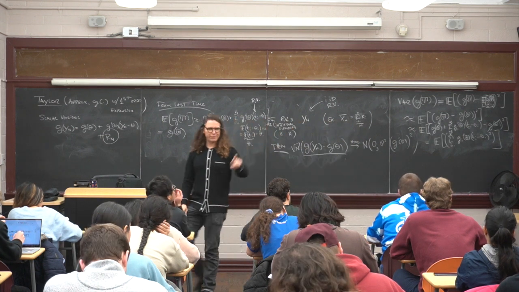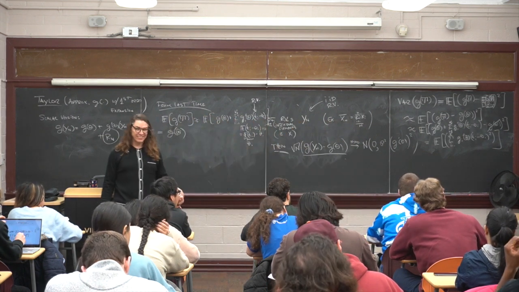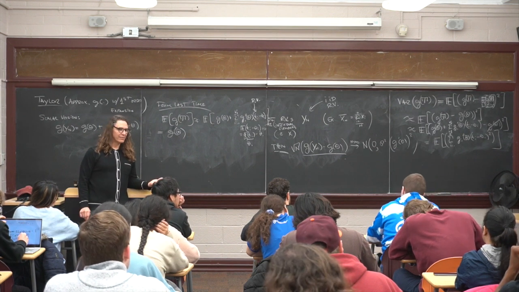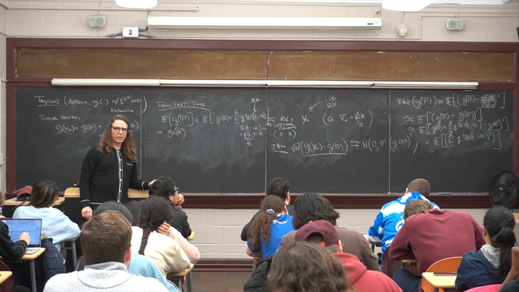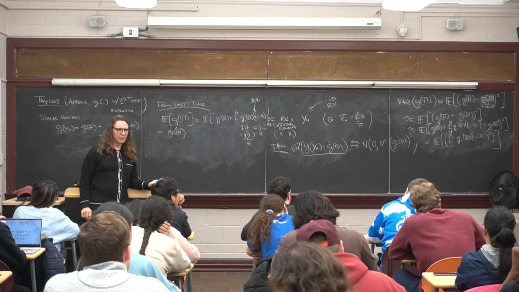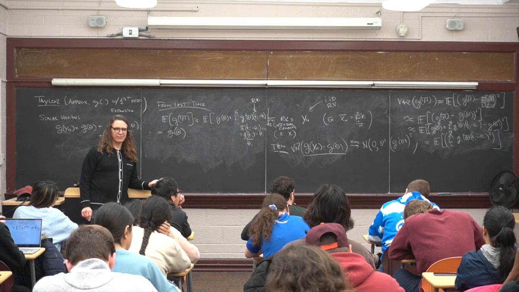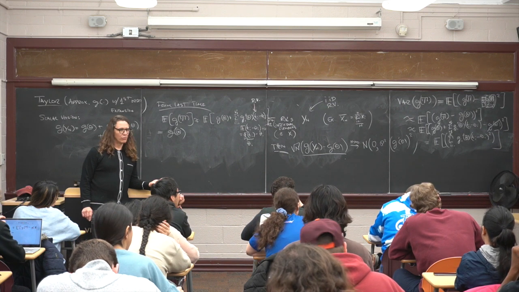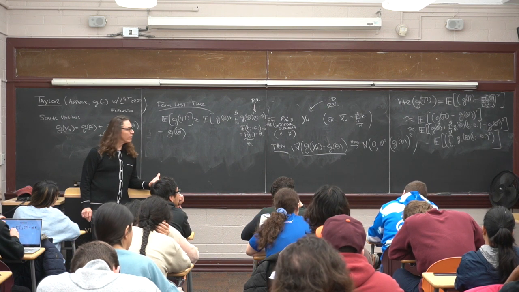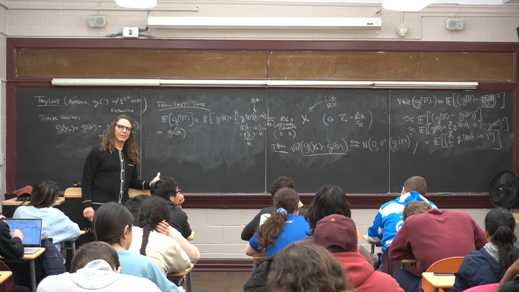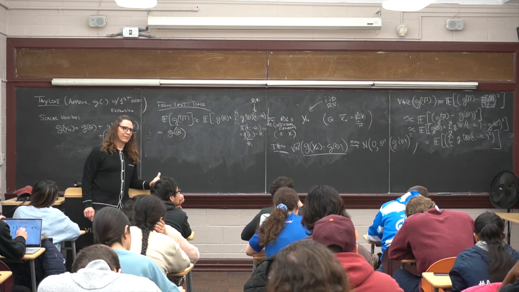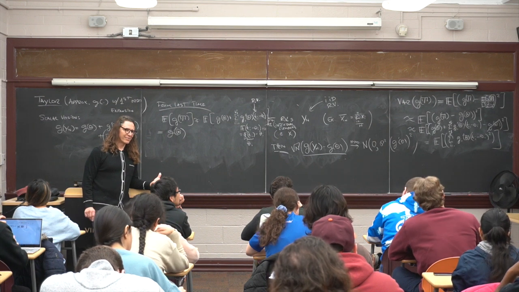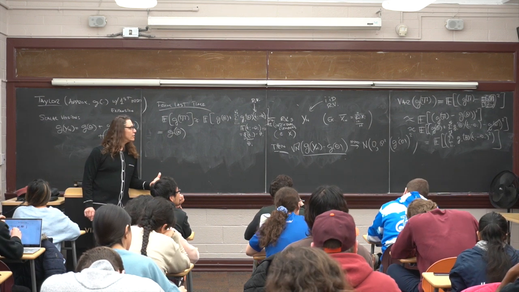Am I expecting you to fill in details on things? My guess is you like when books fill in details. Anybody stuck on any of the details right there? I see stuck faces. Everybody good? Chris? You're deep in thought.